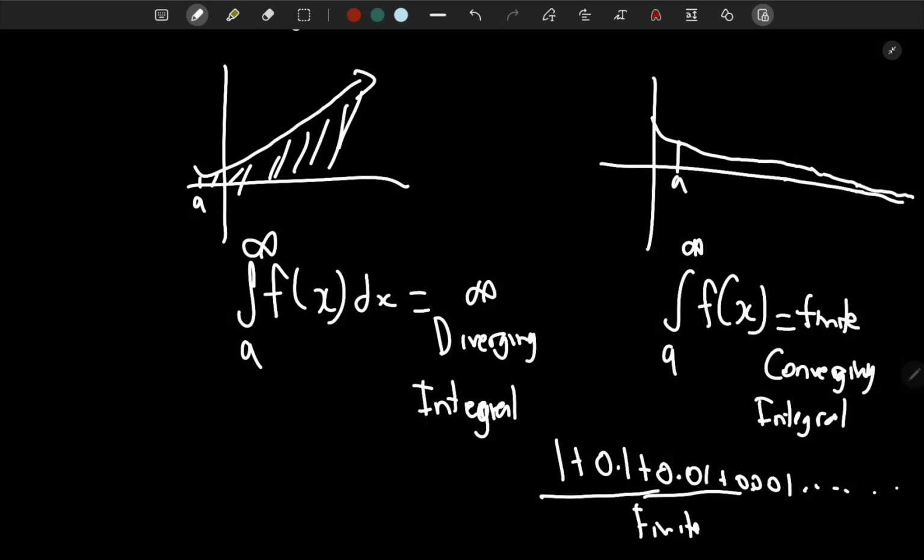Now let's start with our questions. So let's say we have the integration from 1 to infinity of ln x over x squared dx. Now the first step is to get rid of this infinity. Since infinity is not a number, we need to use limits over here and replace infinity with a variable.